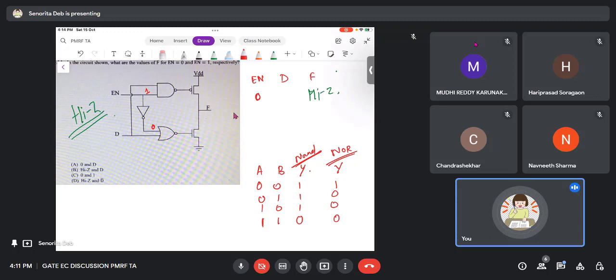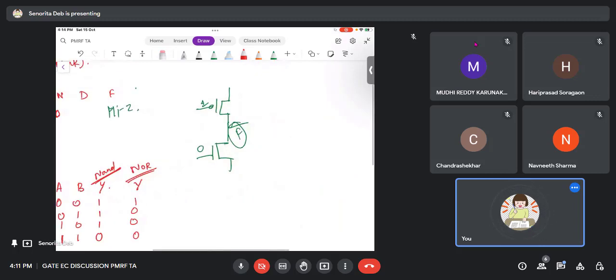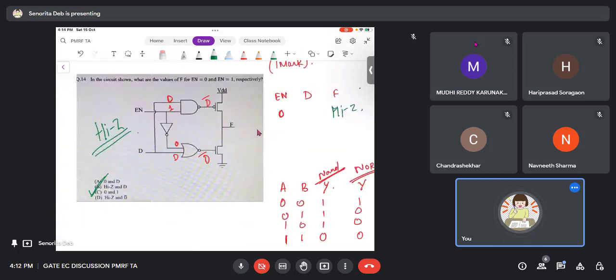So this one is D and this is D. So the output here is D bar, and the output here is also D bar. So in that same inverter, the input is D bar, and since it's an inverter, what will be the output? Output will be D, right? So out of B and D, now the option is B. Correct option is B.